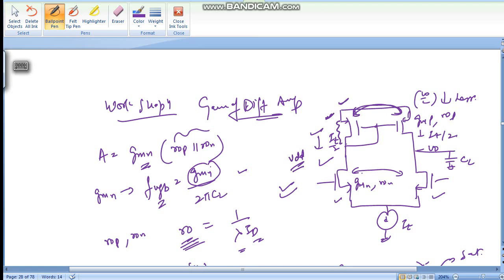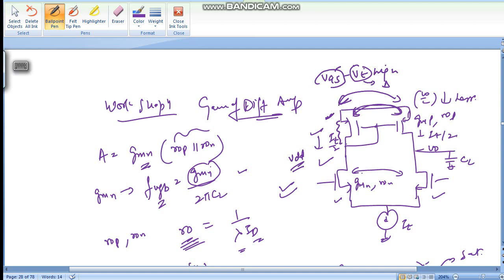But for offset reduction and mismatch between these two devices, we need a smaller W by L ratio, so that the impact of threshold voltage mismatch will be less. If VGS is high compared to VT, then any mismatch delta in VT has less effect, and if VT is close to VGS, then the effect of VT mismatch, any variation in VT, will be more.